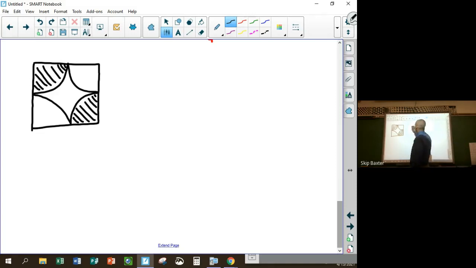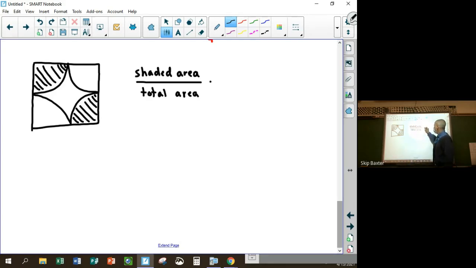So it's the same deal, right? It's just going to be the shaded area divided by total area. Well, the shaded area is just 2 quarter circles, which is essentially a half circle, right?